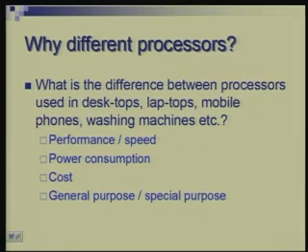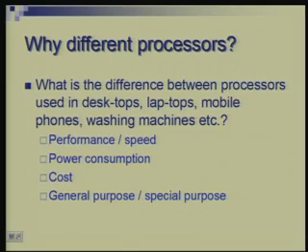So when the basic principle behind all the computers is more or less the same, the key part is the same, what is the difference between the variety of processors you see? You see different processors in different applications, from tiny ones to large ones. You have them in desktop computers, laptop computers, mobile phones, washing machines, and so on.